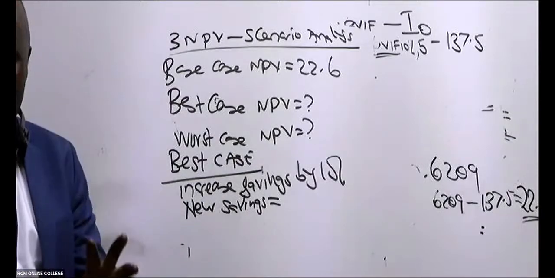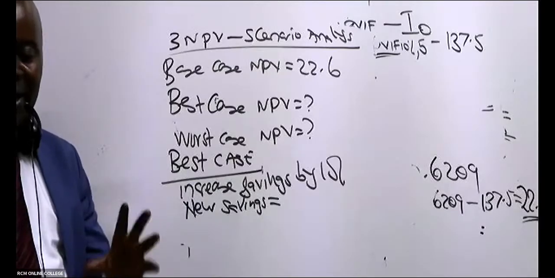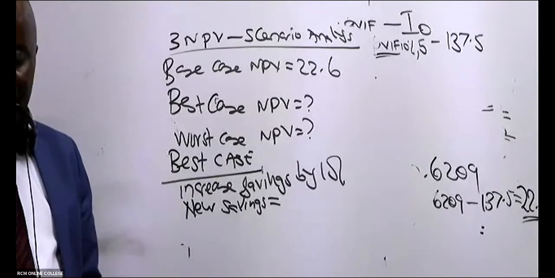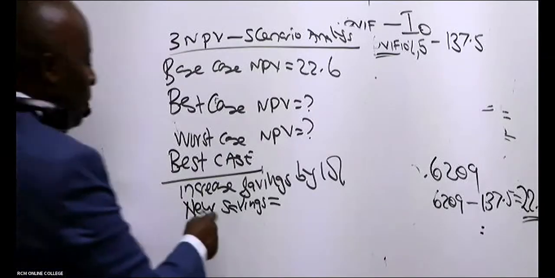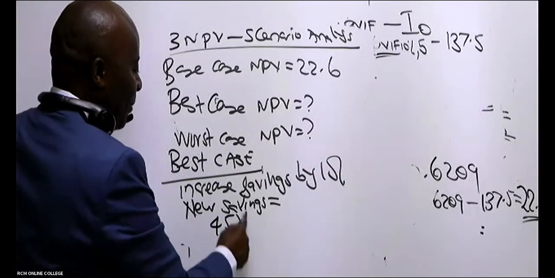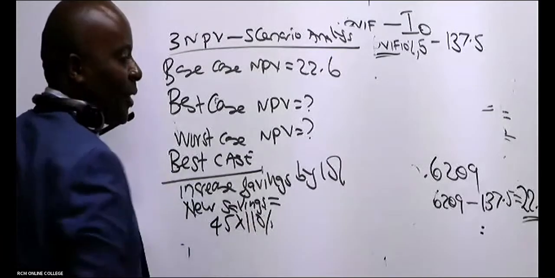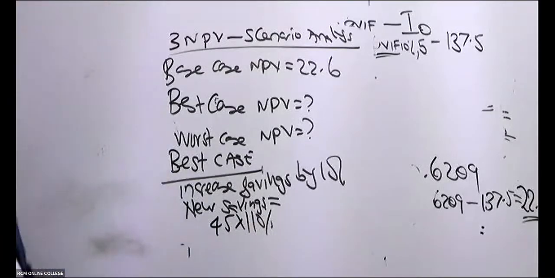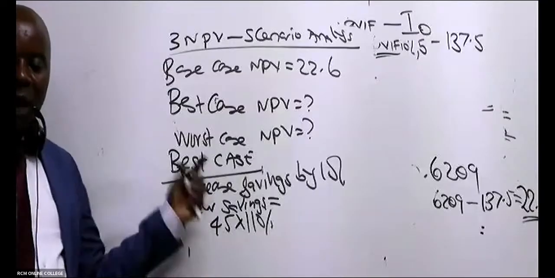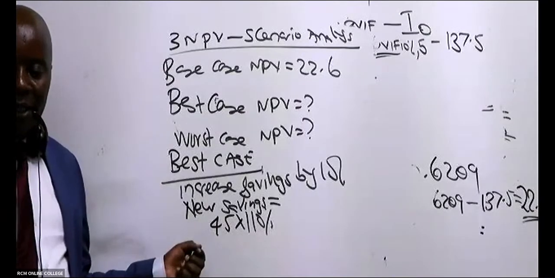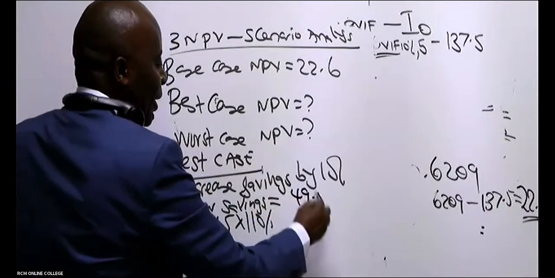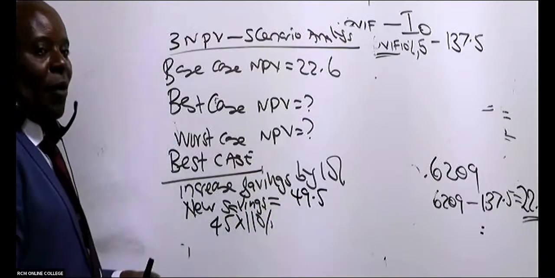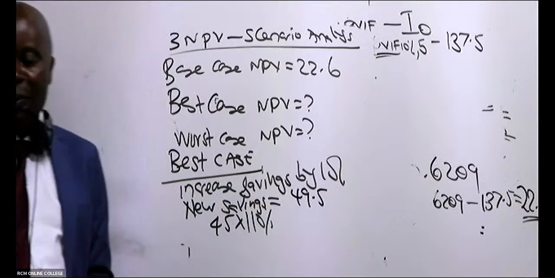Now we are told to improve this by 10% to go to the best case. It is 49.5, because it will be 45 times 110%, or you get 10% of 45 and then add it. I would want to give you exactly 5 minutes.